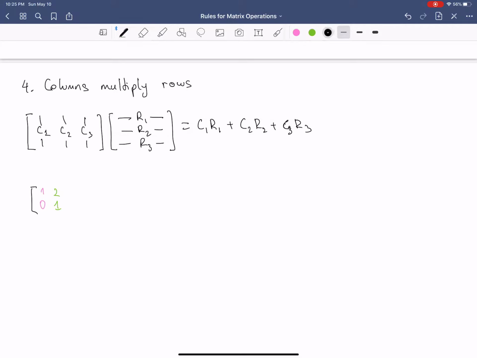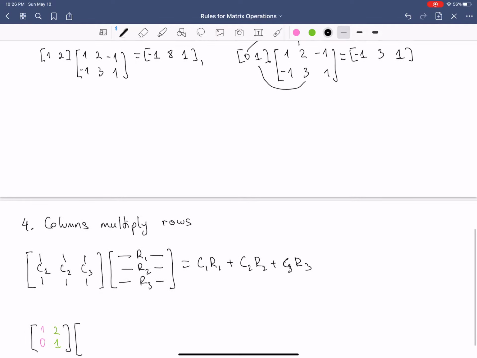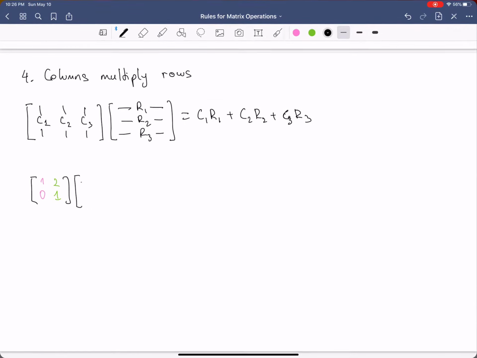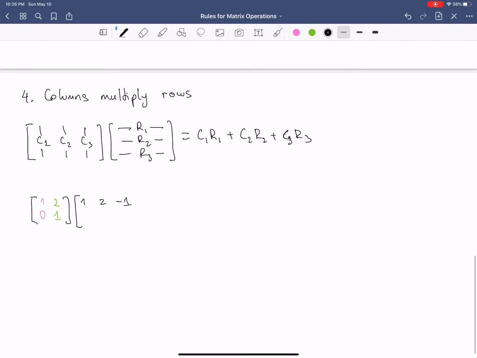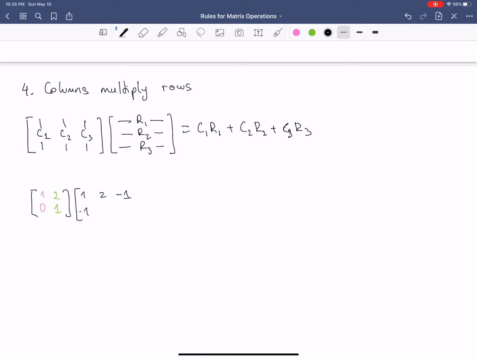That's how that matrix looked. The other matrix I'm going to represent through its rows. I'll use the same color, it's just too much to change. 1, 2, -1. And then -1, 3, 1.